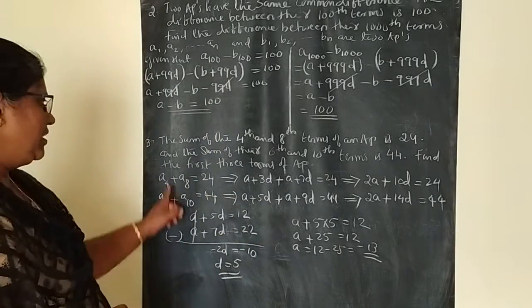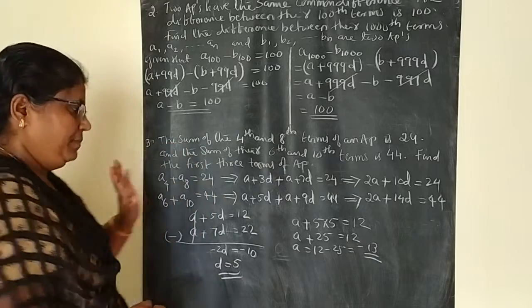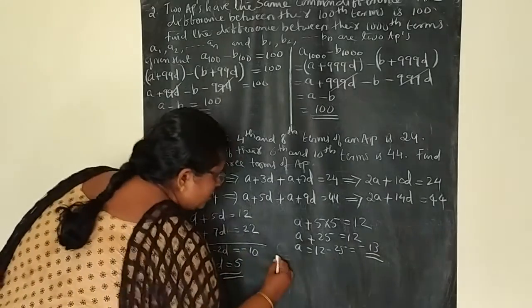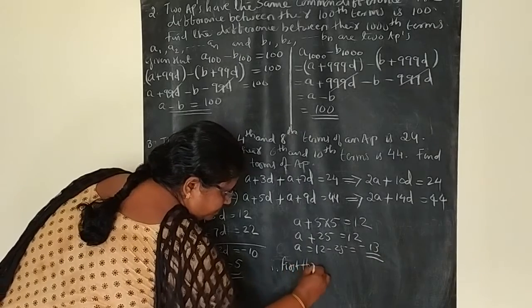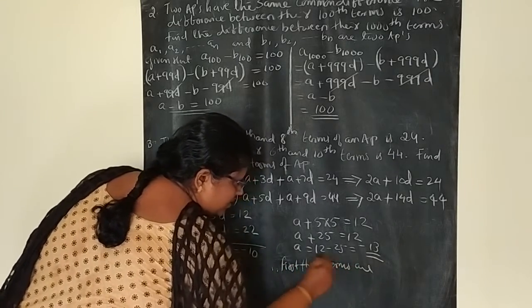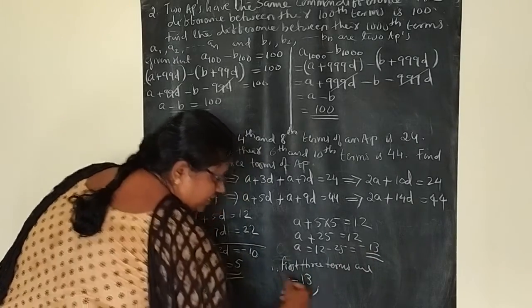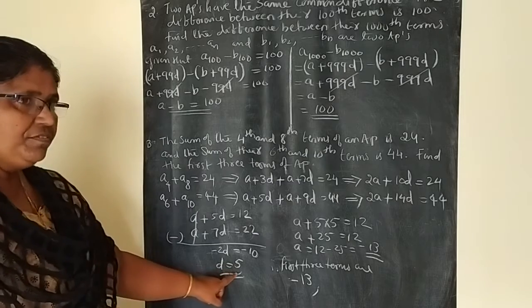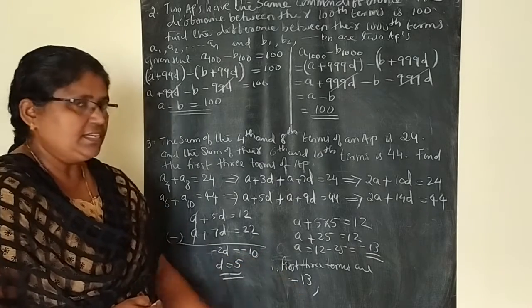What is the question? Find the first 3 terms of the AP. You have to write the first 3 terms. Therefore, the first 3 terms are: what is the first term? Always A. So it is minus 13. Now what is d? 5. For getting the next term, add 5 to minus 13.